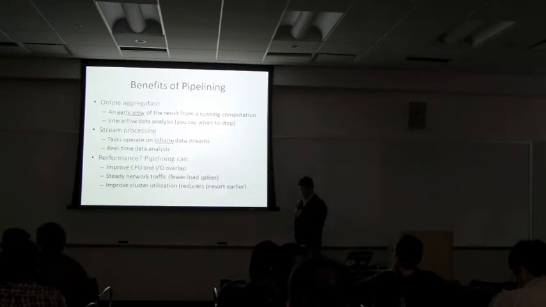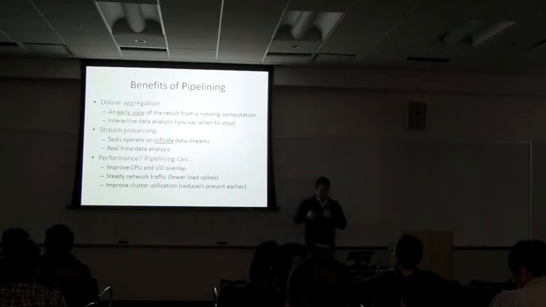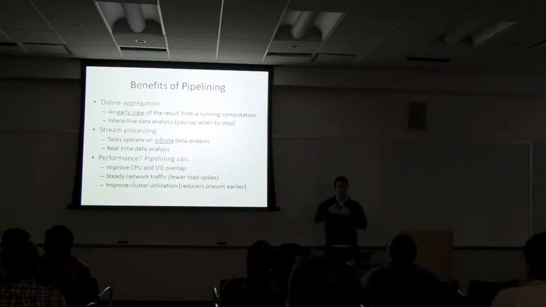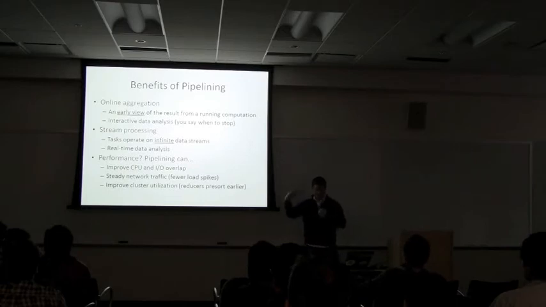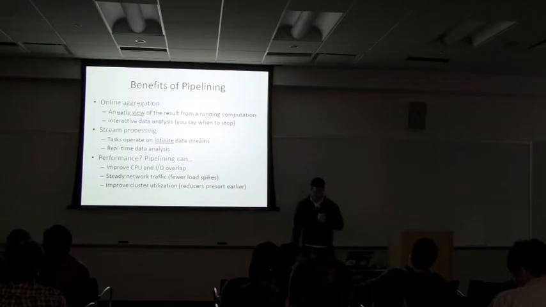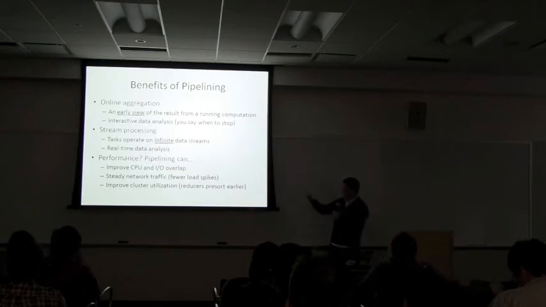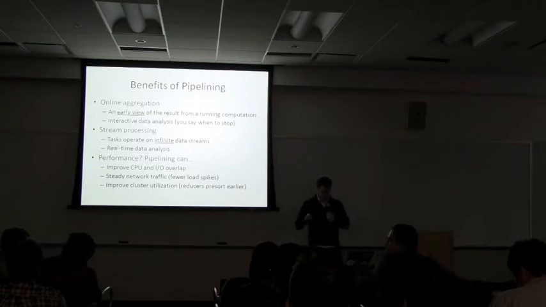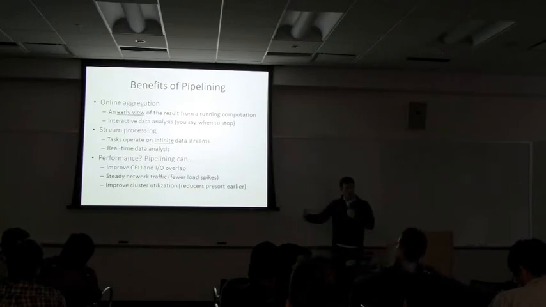So some benefits of pipelining. Well, for one, we're able to perform online aggregation, which allows for an early view of the result while the computation is running, which adds a more interactive data analysis experience, where you as the user say when you want to stop. It also enables stream processing, where tasks can operate on infinite data streams, enabling real-time data analysis.